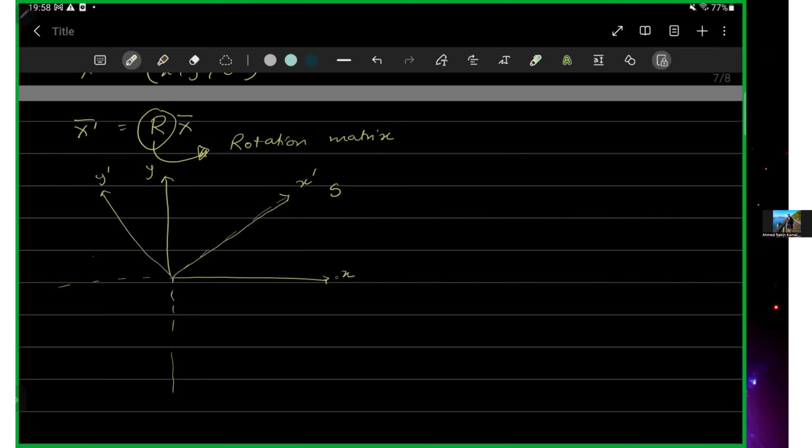And we can clearly see that the two frames are related via some rotation, right? However, they still share the same origin, but are just rotated with respect to each other. So if you were to write the coordinates for S prime, they would become a mixture, right? Because you can see x prime now exists in the xy plane of S. And therefore, if you want to write some equation for x prime, it would require both x and y to define it. So there would be a mixture of both x and y, right?